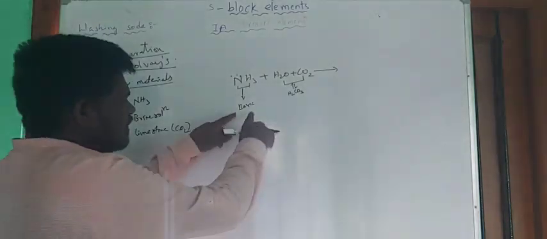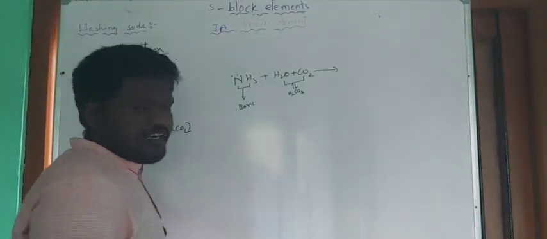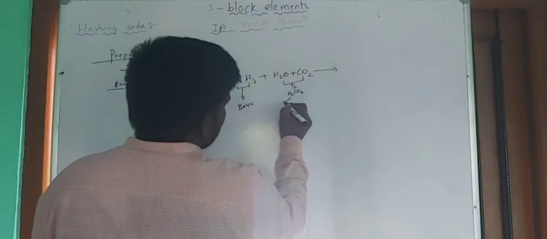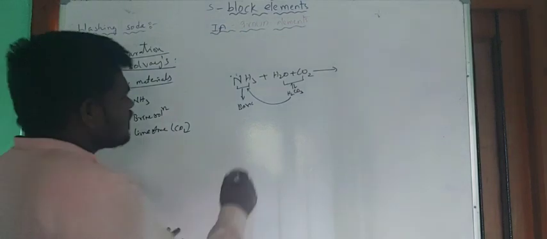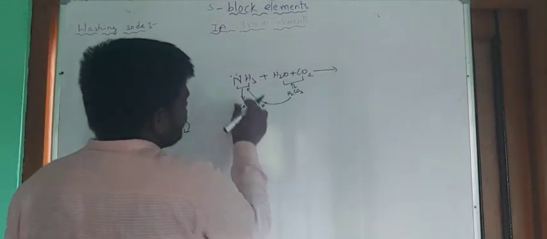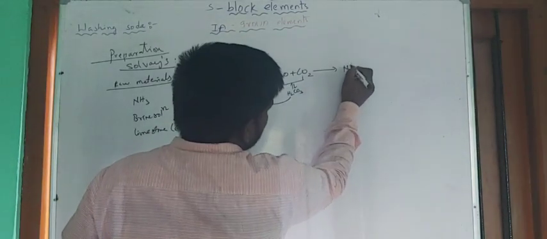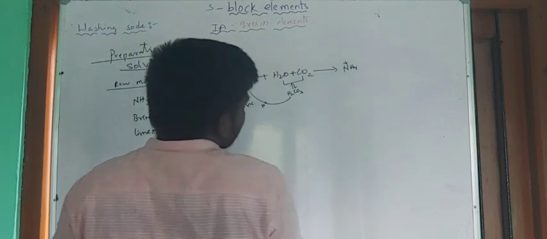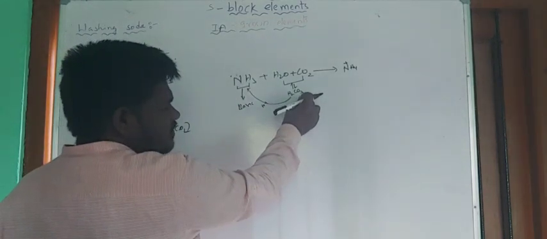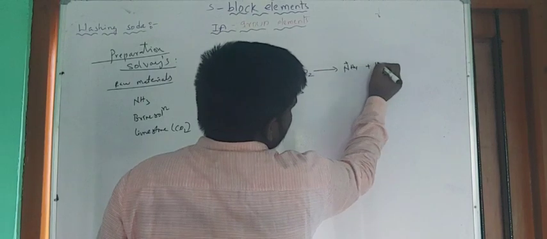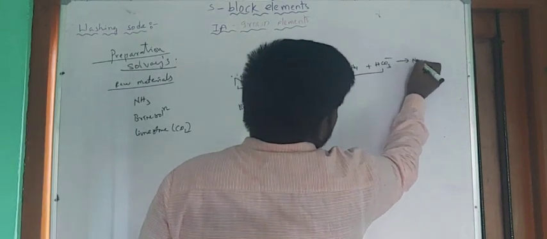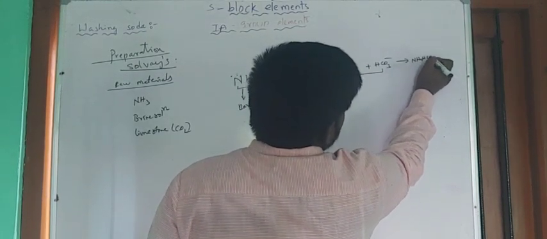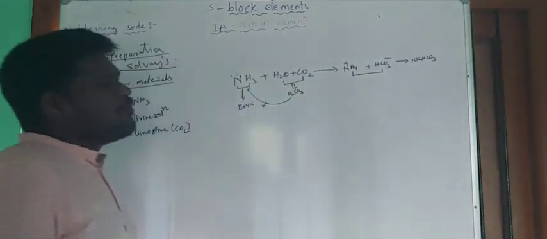Now here base is present and here acid is present. So H plus transfer takes place from here to here. Then we can get NH4 plus, and the rest is HCO3 minus, and these two combine together and give us NH4HCO3, ammonium bicarbonate.